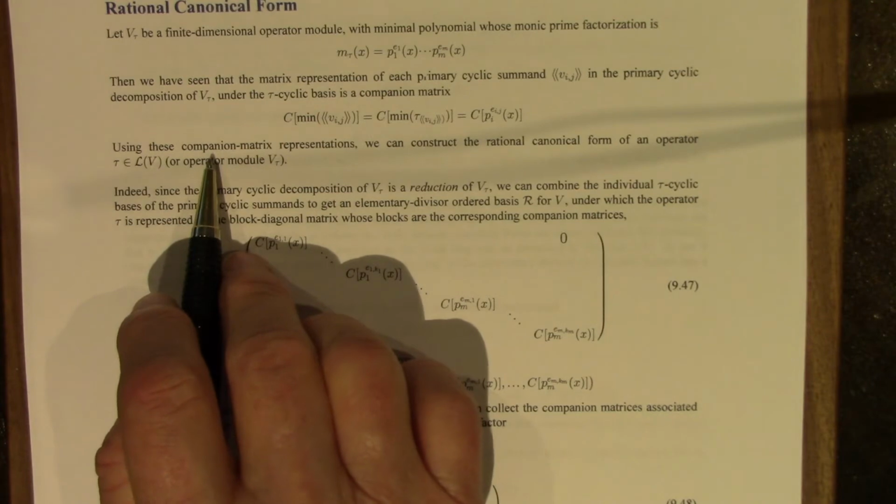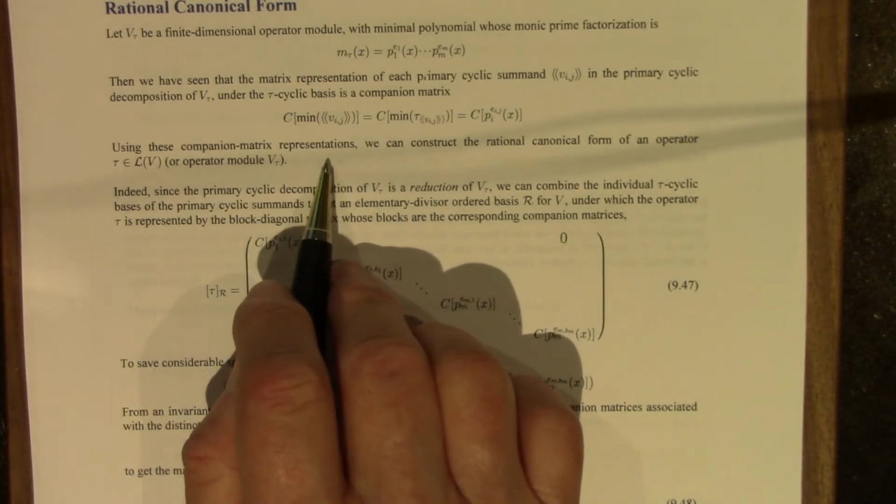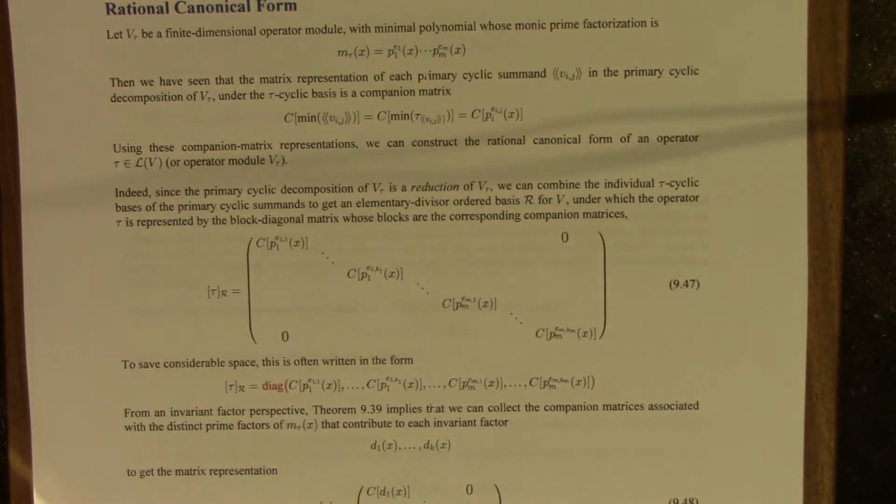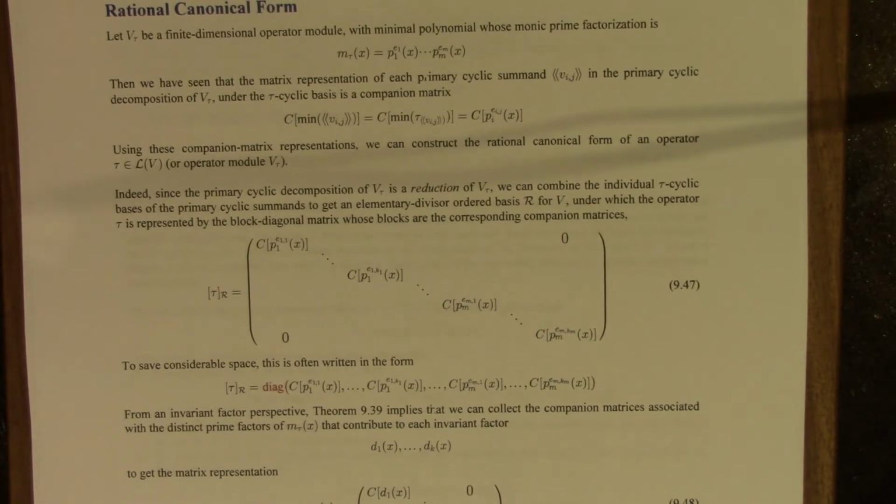We can use these companion matrix representations to construct a matrix representation for the operator tau, and that is going to be the rational canonical form of the operator.